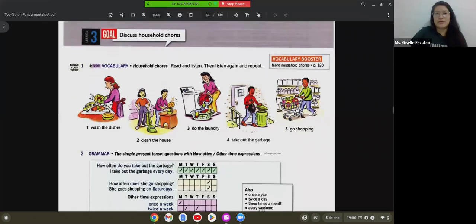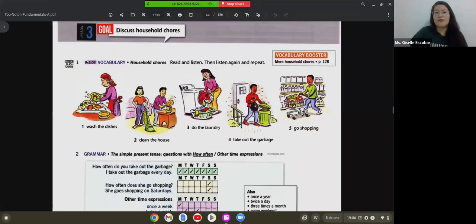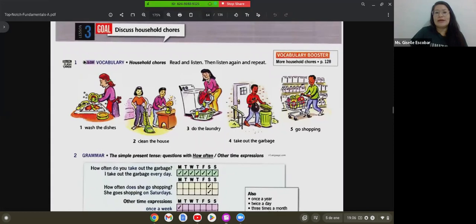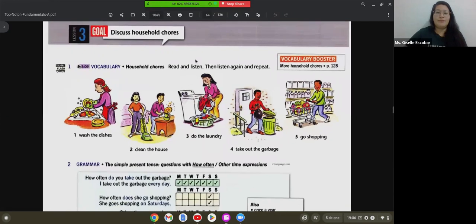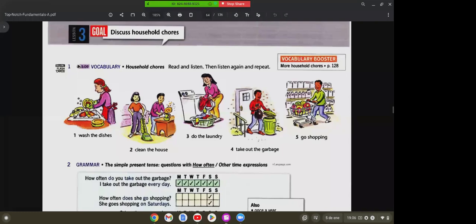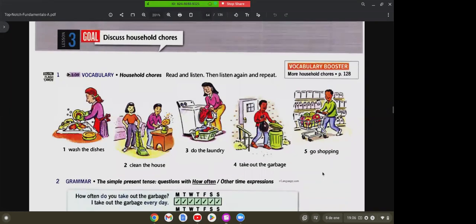Perfect. Thank you, Jim. So can you tell me what is the goal for this lesson? What is the goal that we have? Can you read the goal for me? Discuss household chores.